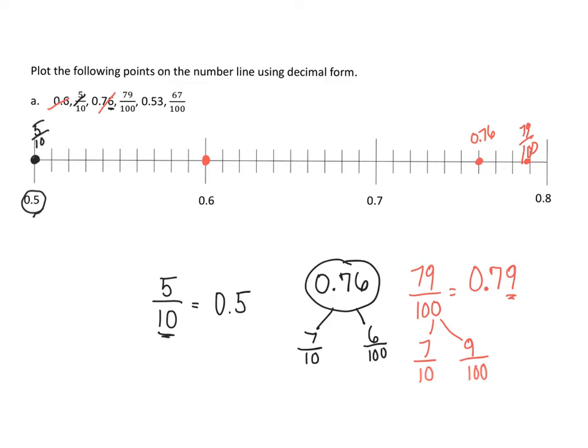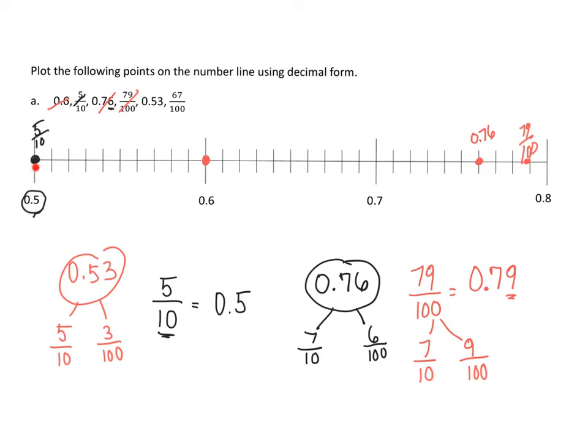All right. The next one is 0.53, 53 hundredths. So let's do a number bond for this one. We've got 5 in the tenths, and we've got 3 in the hundredths. Well, as we know, over here is 5 tenths.